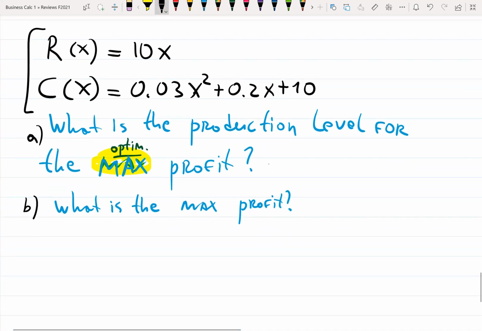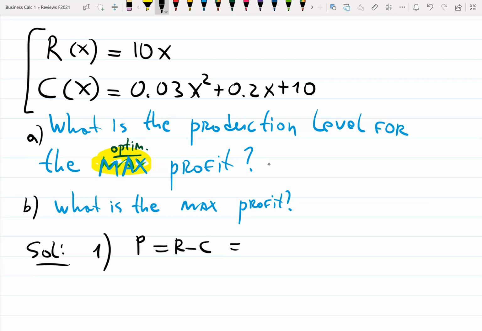Let's do that. Step one, solution. Step one, let's find profit from the equation I just gave you. P is R minus C. So it's going to be 10x, that's the one that made you happy, minus, don't forget to change all the signs, 0.03x squared minus 0.2x minus 10.